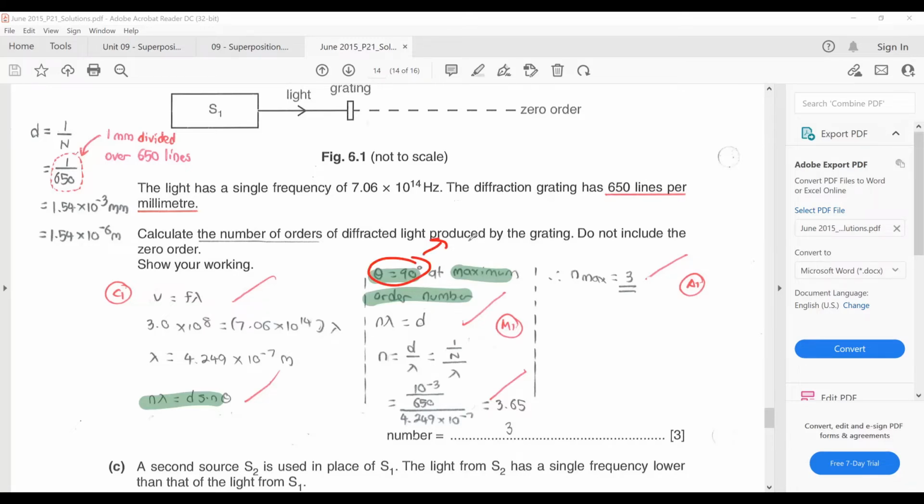This indirectly means that sine theta, which is sine 90, will be equal to 1. That's why you get n lambda equals d. So n is actually d over lambda. I better write this, n max.